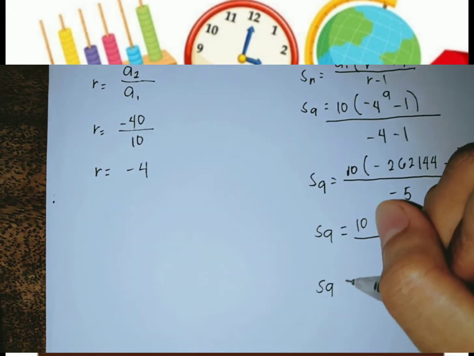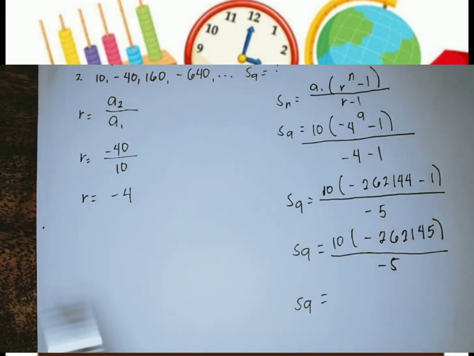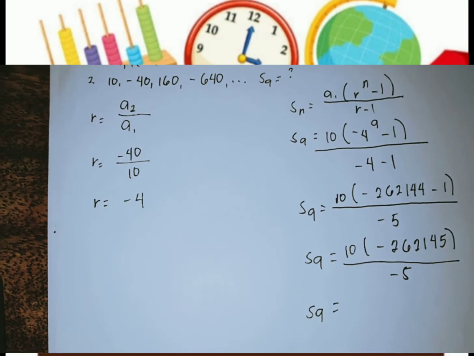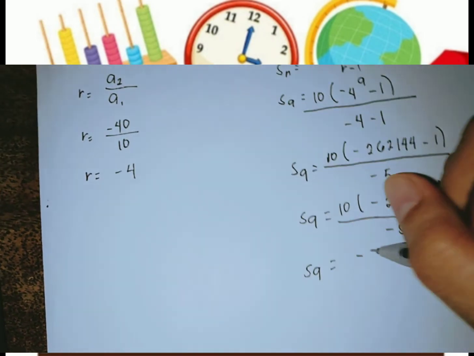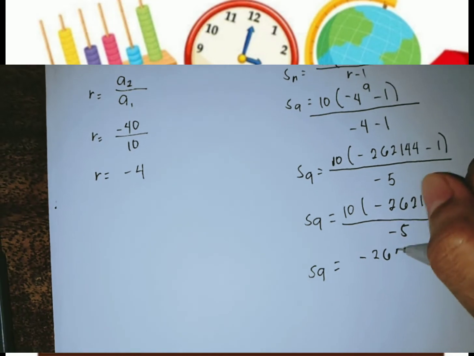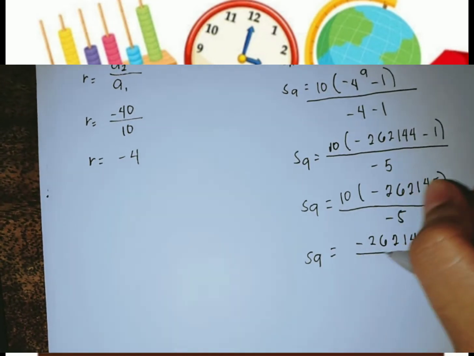So we multiply it, and the answer in multiplying is negative 262,145 divided by 5.